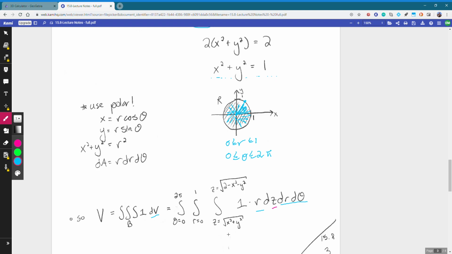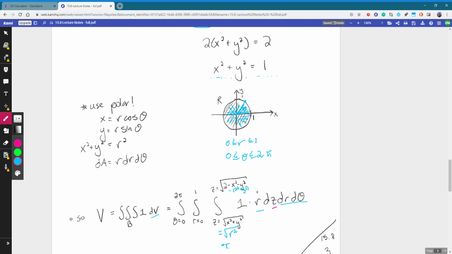x squared plus y squared just equals r squared. And since r is positive, or 0, this simplifies down nicely to z equals r for our cone. And then up here, the root of 2 minus x squared minus y squared, we can actually think of this as 2 minus x squared plus y squared.